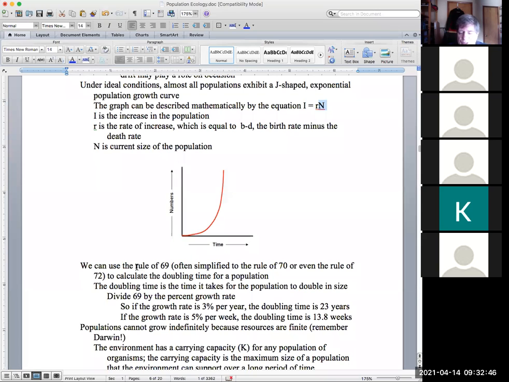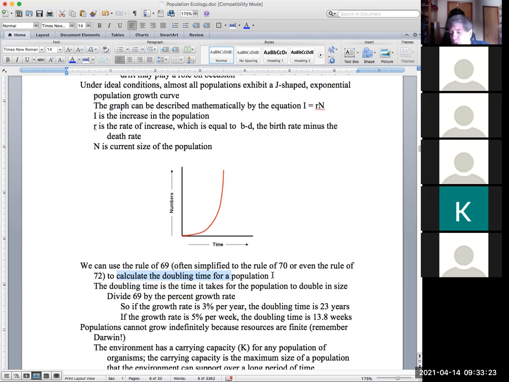Now, a lot of times the rule of 69 is simplified and changed to the rule of 70 or 72. We're going to use the rule of 69 because it's actually more mathematically accurate. And the big advantage of the rule of 69 is we can use it to calculate something called the doubling time for a population: how long it will take for the population to increase in size until it's double the size that it was originally.